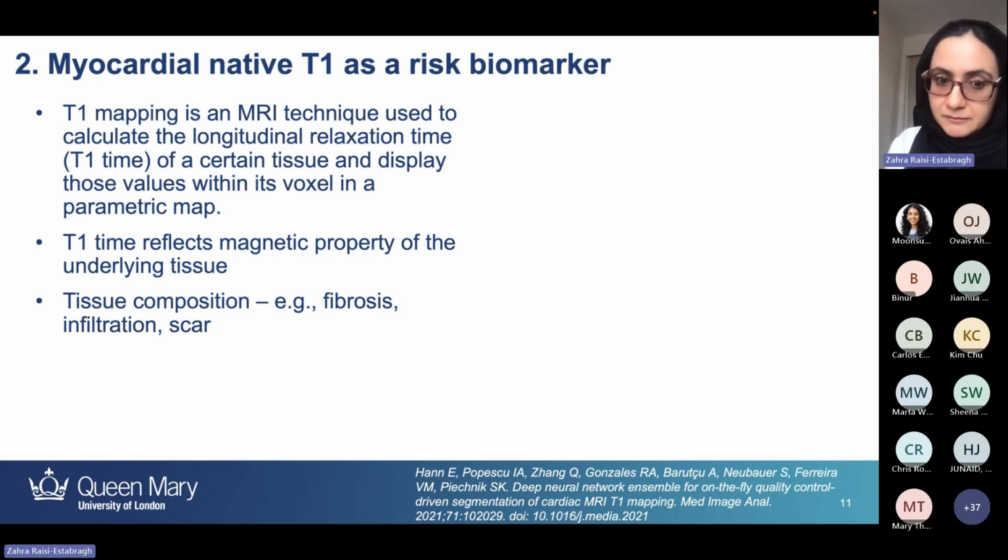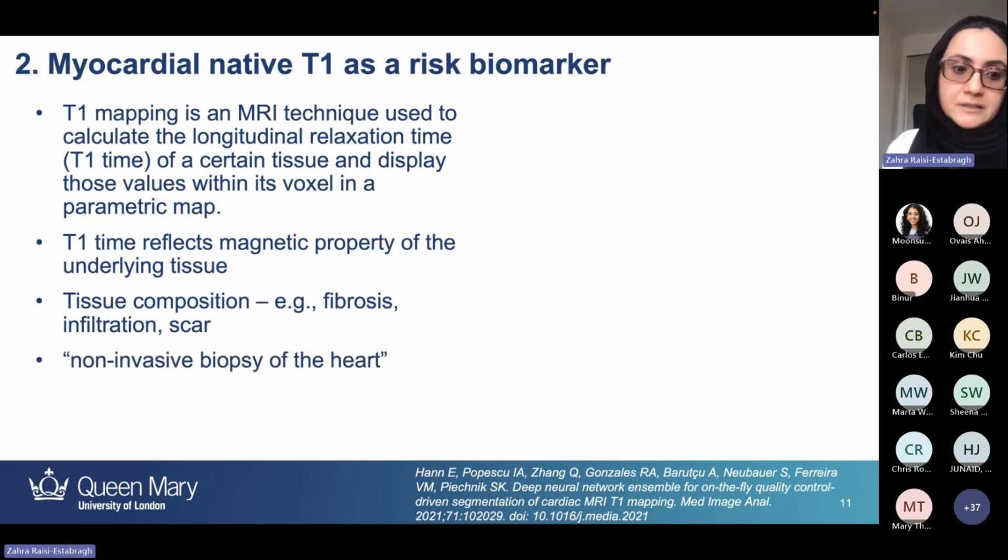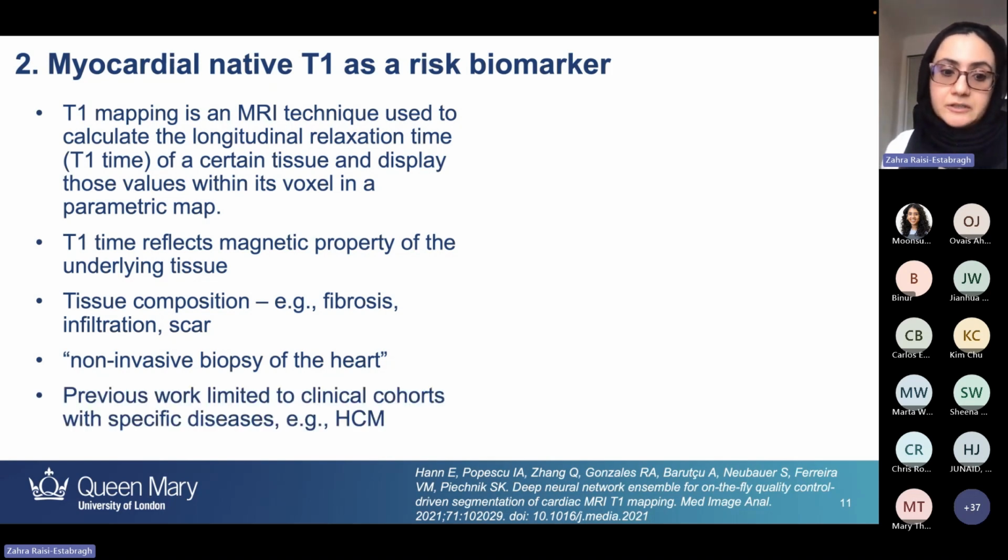And as you can imagine, this information can be really useful about understanding, firstly, differences between health and disease, but also even distinguishing between specific disease entities. And some people have talked about T1 as being almost like a non-invasive biopsy of the heart, so potentially a really powerful imaging technique.